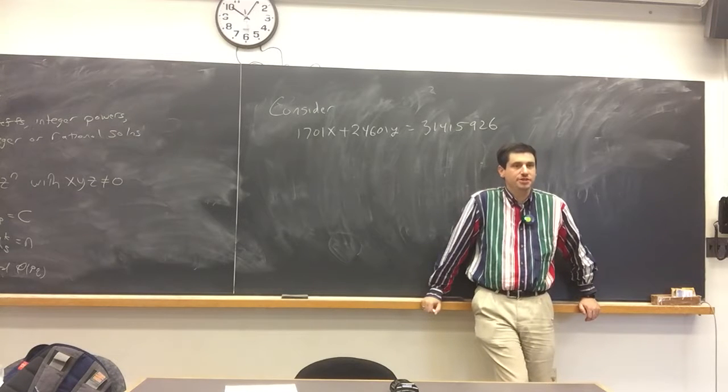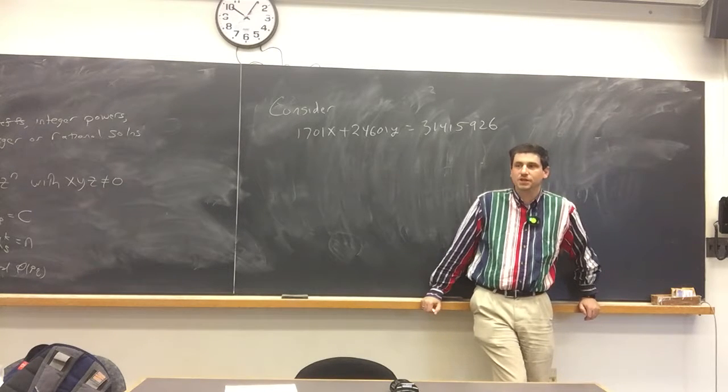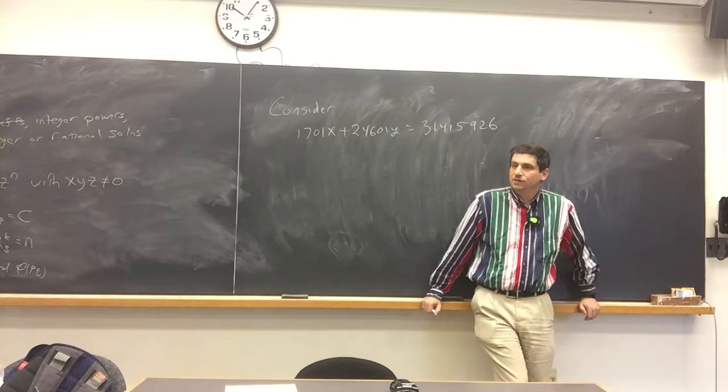Do you think there's a solution to this? Yes? Well, if 1701 and 24601 are relatively prime, then there should be. Ah, good. So if they're relatively prime, there should be.